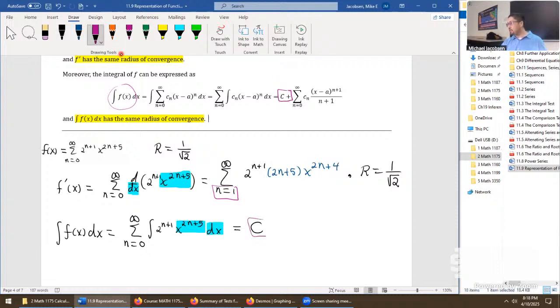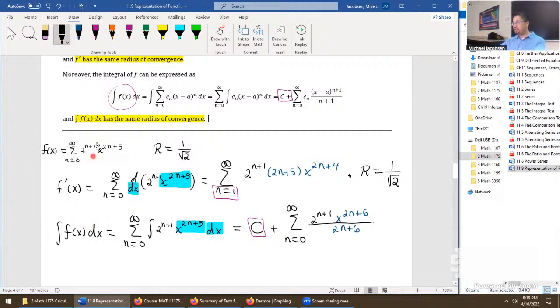So here's the constant pulled in, plus a summation at the same index start, 0 to infinity, because this part right here is constant, no change, 2n plus 1, 2 to the power n plus 1. Then integration is going to bump the power here up by 1. So this turns into x to the 2n plus 6. And then that informs us we have to divide by 2n plus 6. And our job is done.